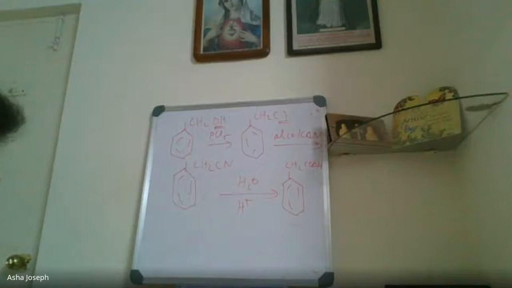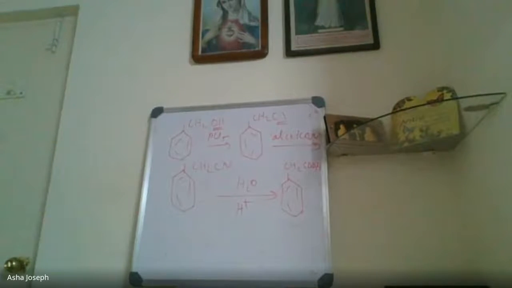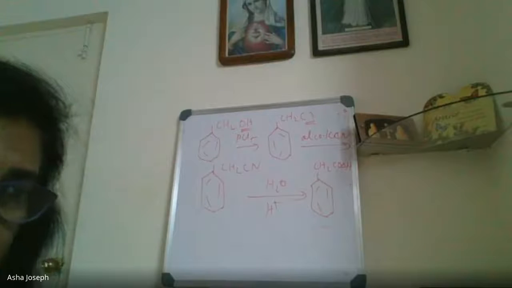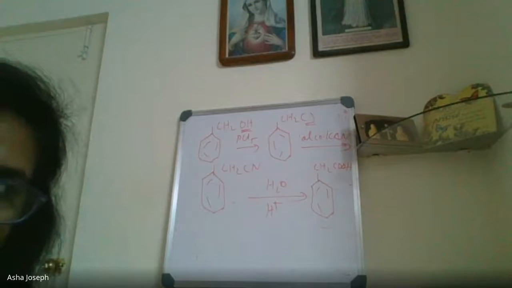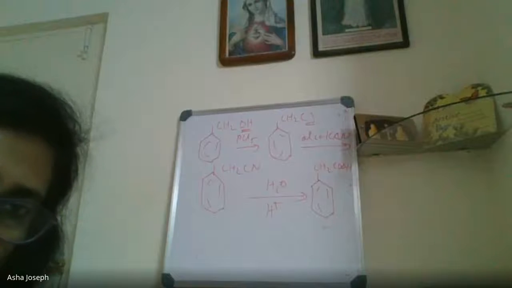Doubts, you can ask. Ma'am, should we write H2O and H plus both? H plus is required. If you don't write H plus, you will not get the mark, because it is acid. H plus means any mineral acid like hydrochloric acid. That is required.